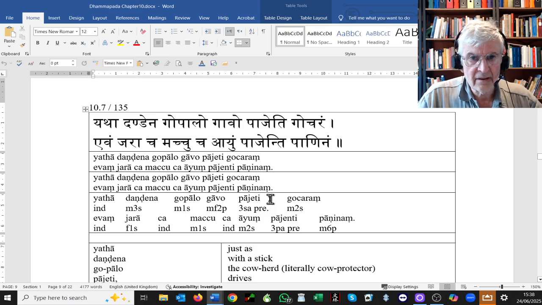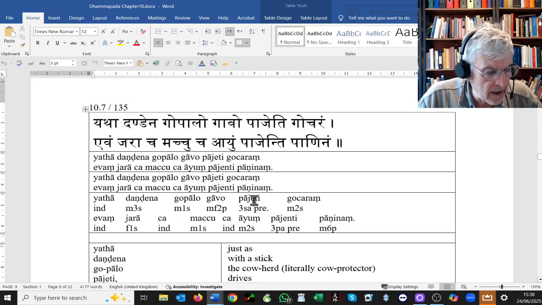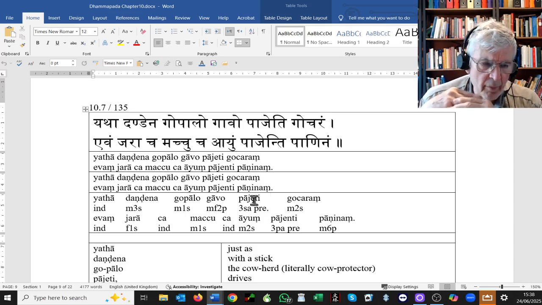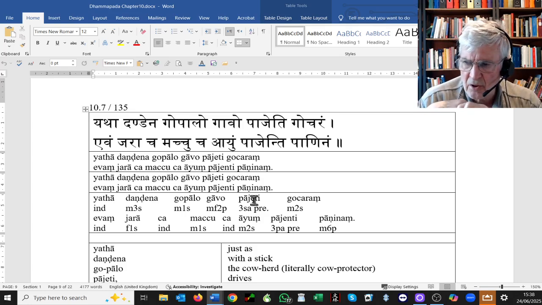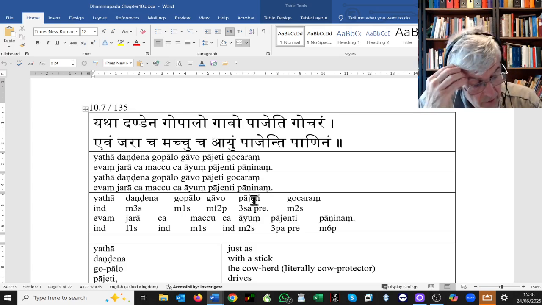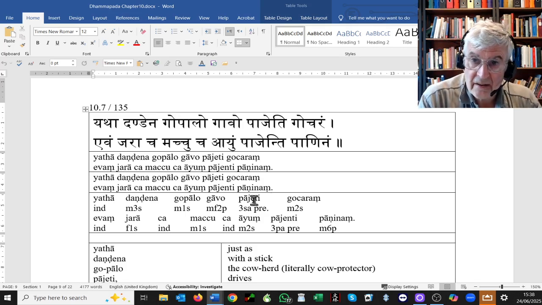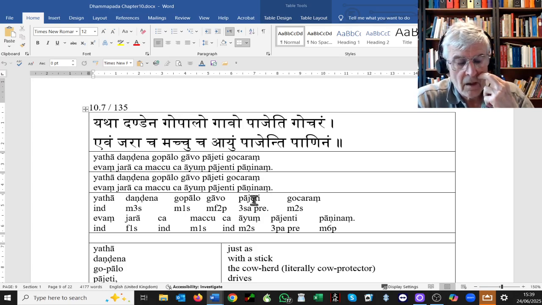Now pajeti, we have the verb root aj. It's quite an uncommon verb, actually. Don't see it much at all. And you find it also with the prefix in Sanskrit, pra-ajati, so prajati.